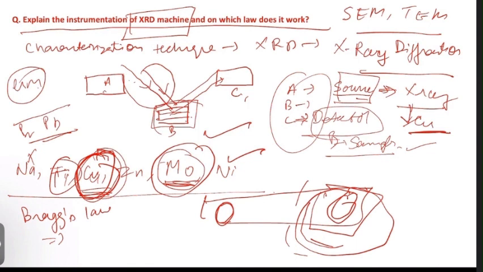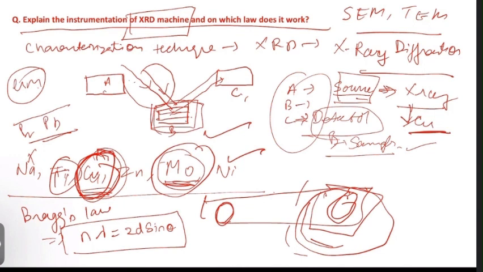What does the law say? It is n lambda equal to 2d sine theta. Now you understand this diagram?